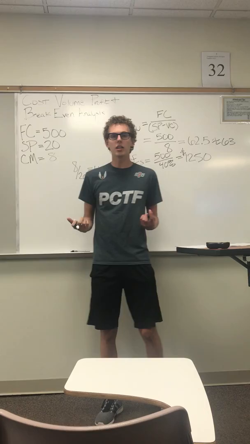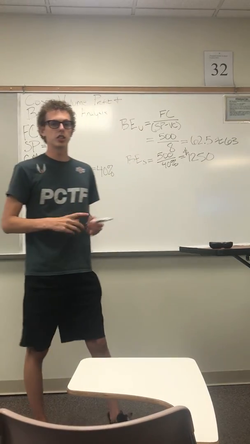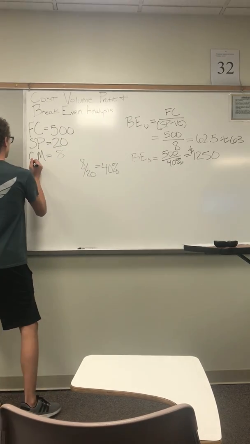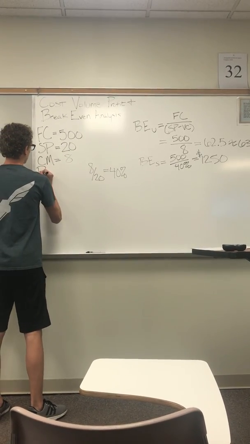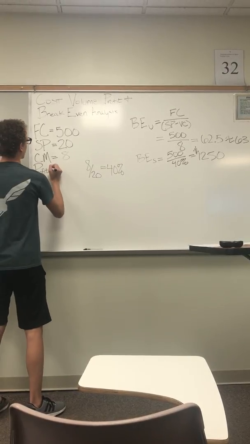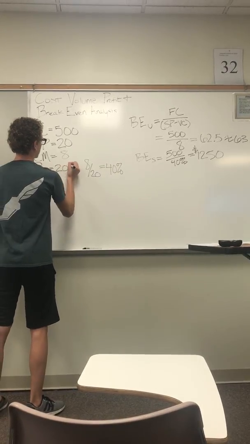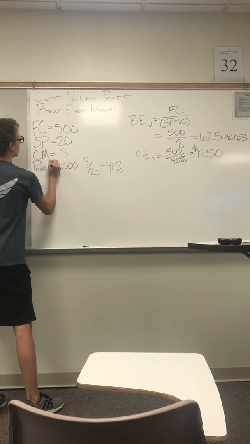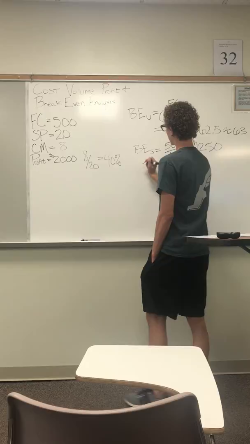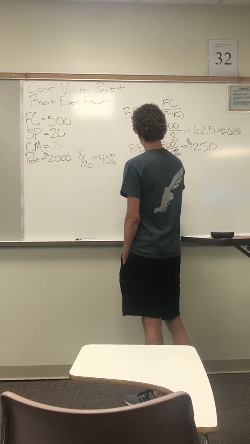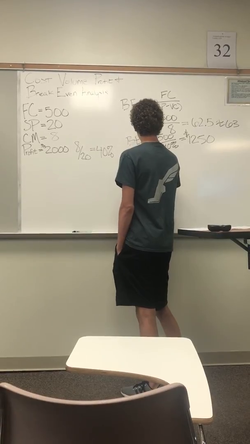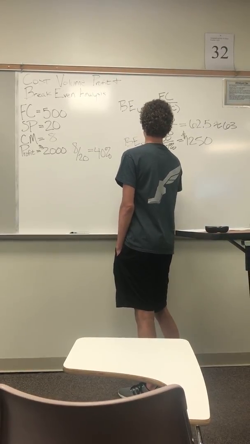So breaking even is good, but nobody wants to just break even. We want some profit in order to stay in business. So let's say our company has a target goal to make a profit of $2,000 this year. We're going to go back and start with units again, and we're going to add the profit into this equation.